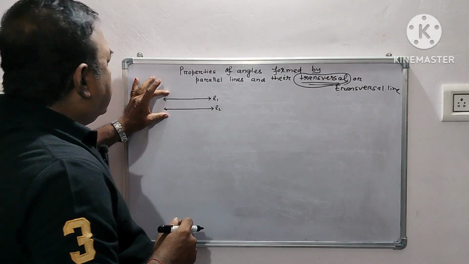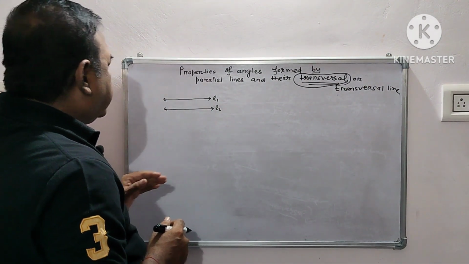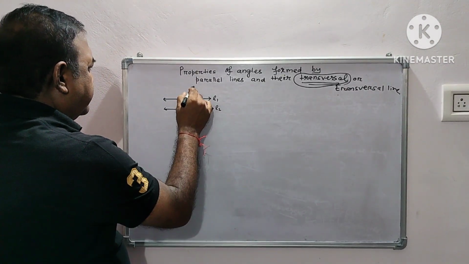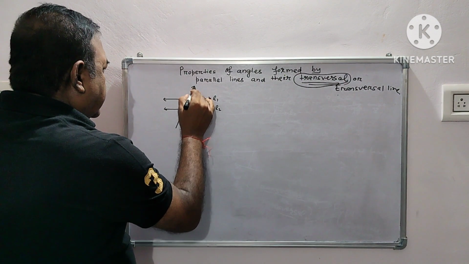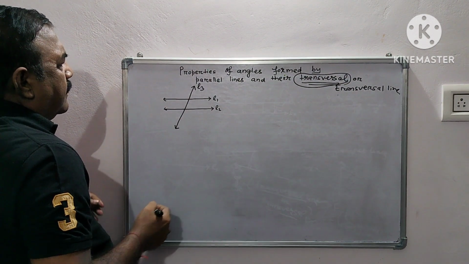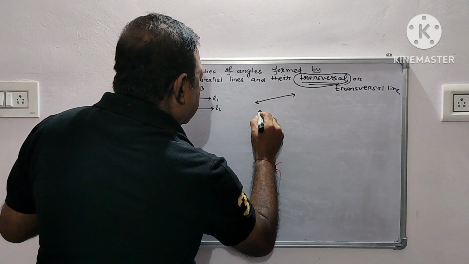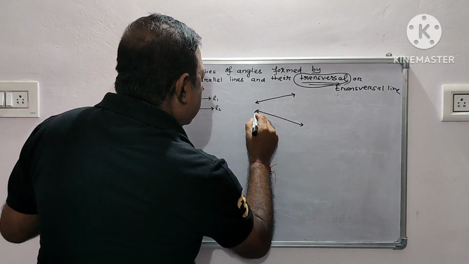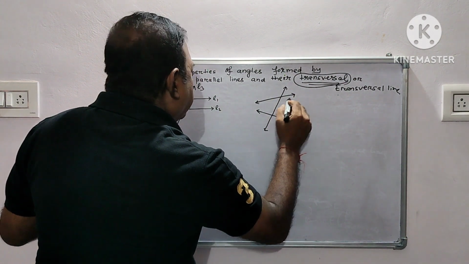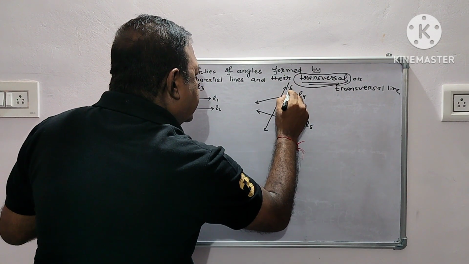Two parallel lines, the lines will be parallel when they remain in the same plane and they do not intersect each other. Already you know it, we have discussed. So these are two parallel lines. So this is transversal, let it be L3. And here suppose L4, L5 and this is L6.